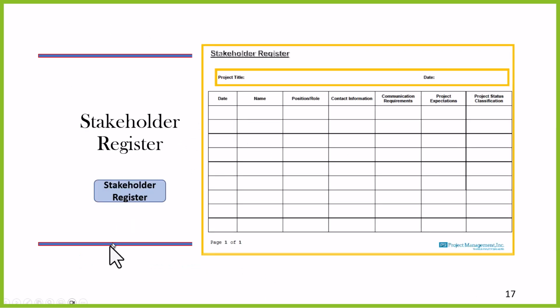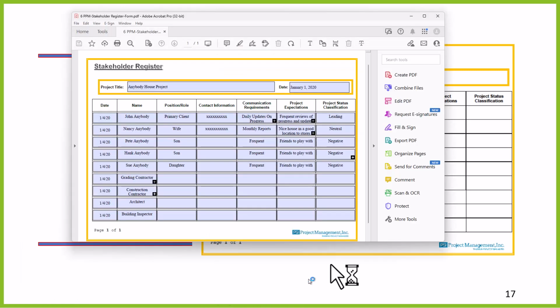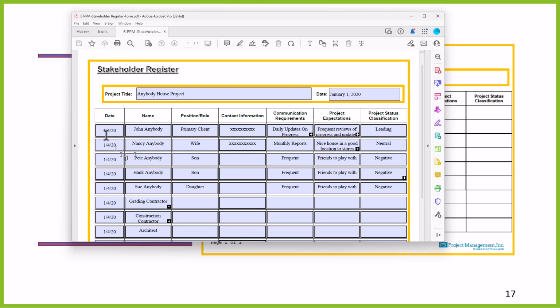So if I look at a stakeholder register, you can see that you have a lot of different things on it. You have, for example, the name of the stakeholder, their position or their role, their contact information, their communication requirements, their project expectations, and then their attitude towards the project itself.